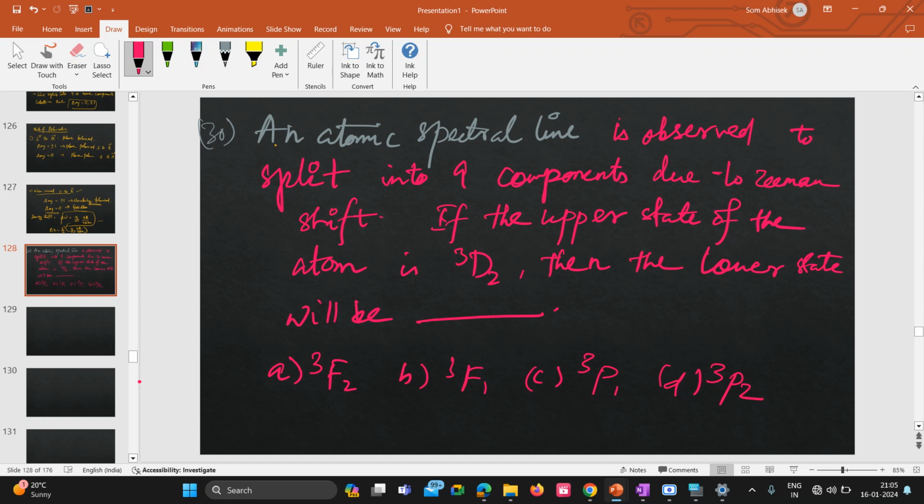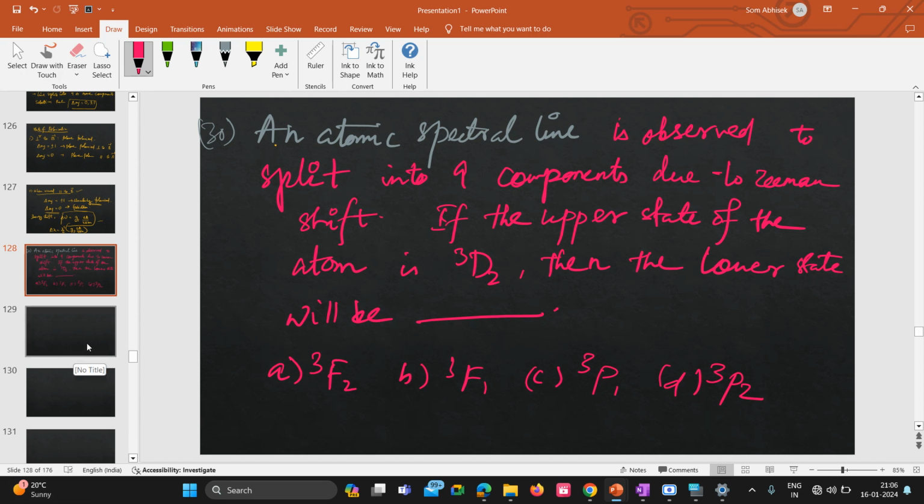What is the S value here? See, S equal to 0 is your normal Zeeman effect, and S not equal to 0 is your anomalous Zeeman effect. So here S is how much? 3d2. What is S here?